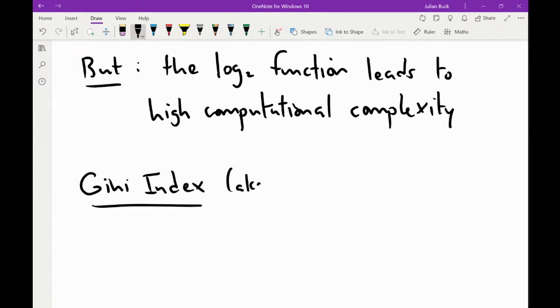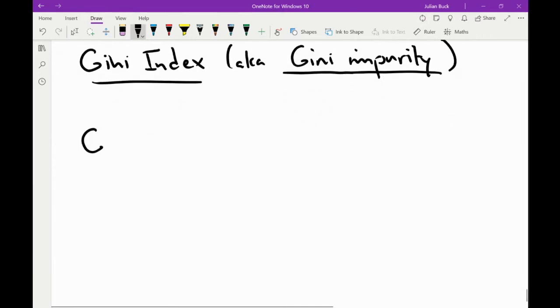Or AKA, the other name that gets used here is the Gini impurity. Okay. So this quantity, the Gini index, is given as follows. We take the sum over the number of classes.